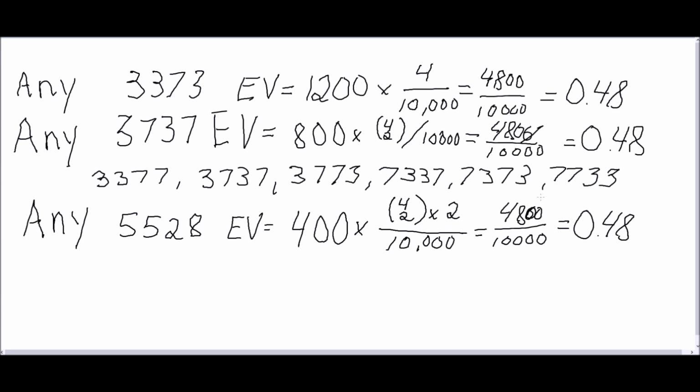So on any ticket in the, well, I forgot to do the final way. The player could also pick four unique numbers. If the player does that and wins, he'll win $200.